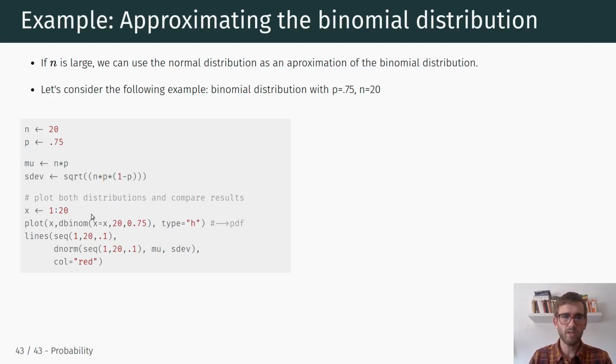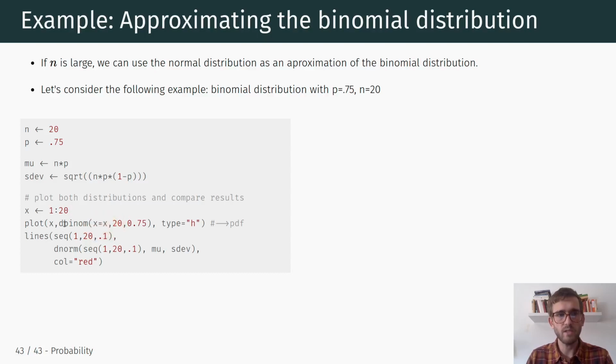And we can now plot both distributions: a binomial distribution with n equal 20, p equal 0.75, and the resulting average and standard deviation, as well as the normal distribution for the same range of axes with a mean of mu and the standard deviation that we computed, okay?